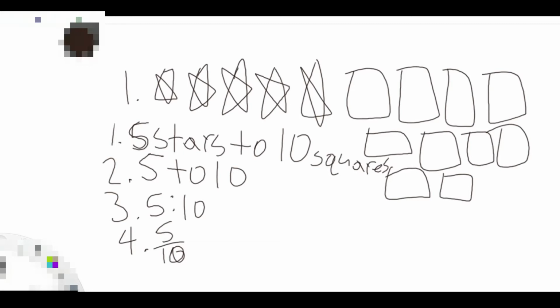This could be simplified to 1 over 2, which is known as half, 1/2. So the ratio is 5 stars to 10 squares, or 5 to 10, or 5 colon 10, or 5 over 10 equals 1/2.